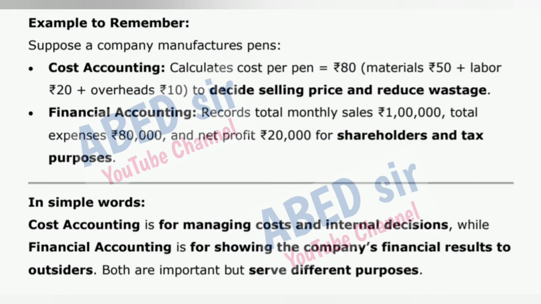Financial accounting records total monthly sales 1 lakh rupees, total expenses 80,000 rupees and net profit 20,000 rupees for shareholders and tax purposes. In simple words, cost accounting is for managing costs and internal decisions, while financial accounting is for showing the company's financial results to outsiders. Both are important but serve different purposes.